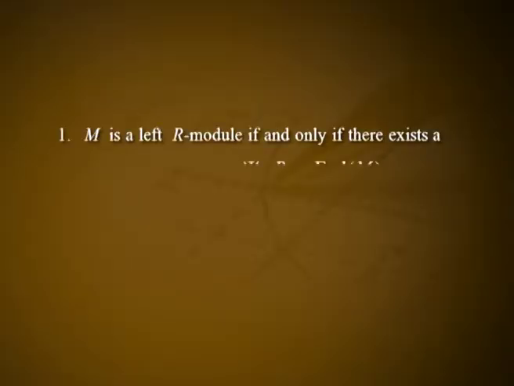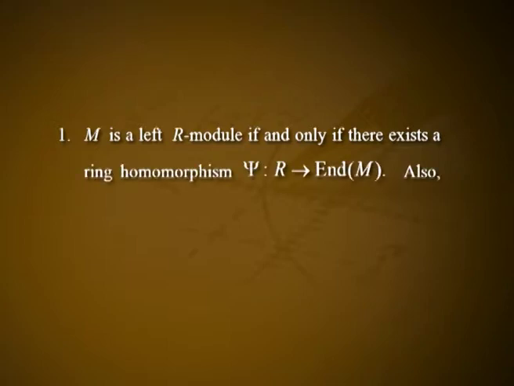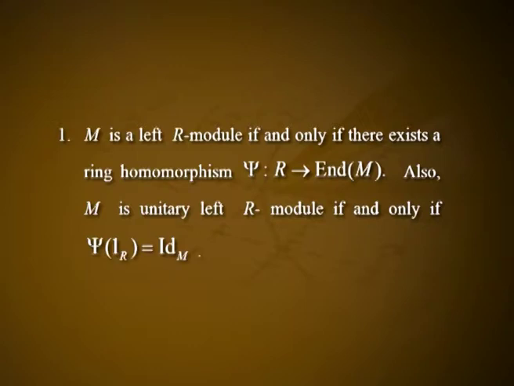Theorem 2. For an abelian group M, let End(M) be the ring of all endomorphisms of M. Let R be any ring. Then we have the following. 1. M is a left R module if and only if there exists a ring homomorphism psi from R to End(M). Also, M is a unitary left R module if and only if psi of 1_R is equal to ID_M. 2.